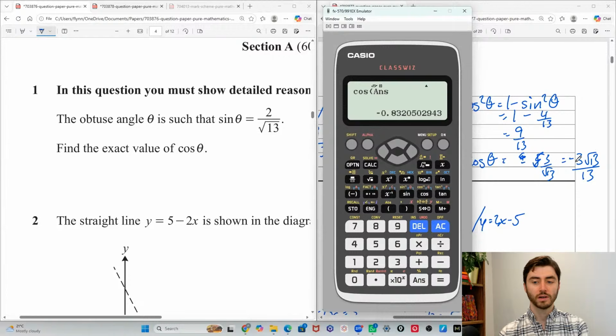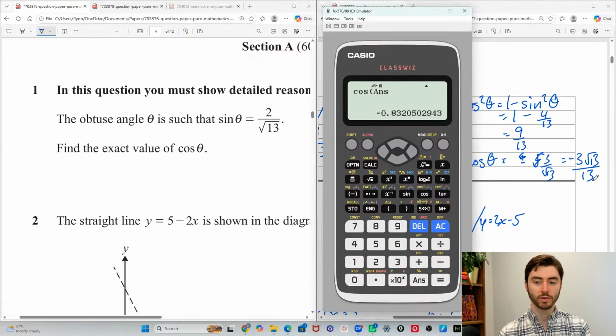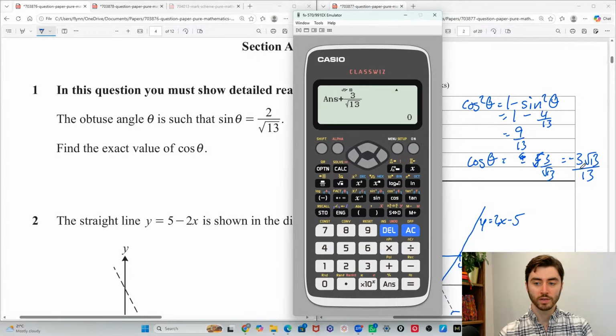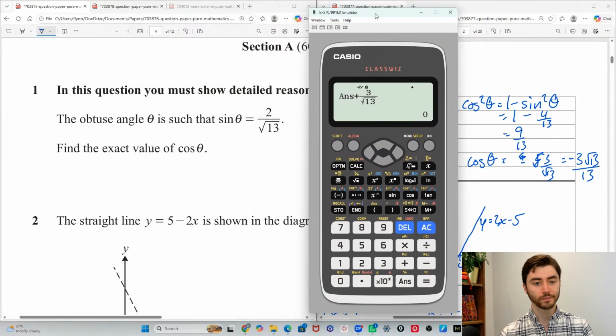So if that equals minus 3 root 13 over 3, if I add on 3 over root 13, I should get a clean 0 or thereabouts. Great. So I got the right value. It is negative 3 over root 13, which is 3 root 13 over 13. Good.